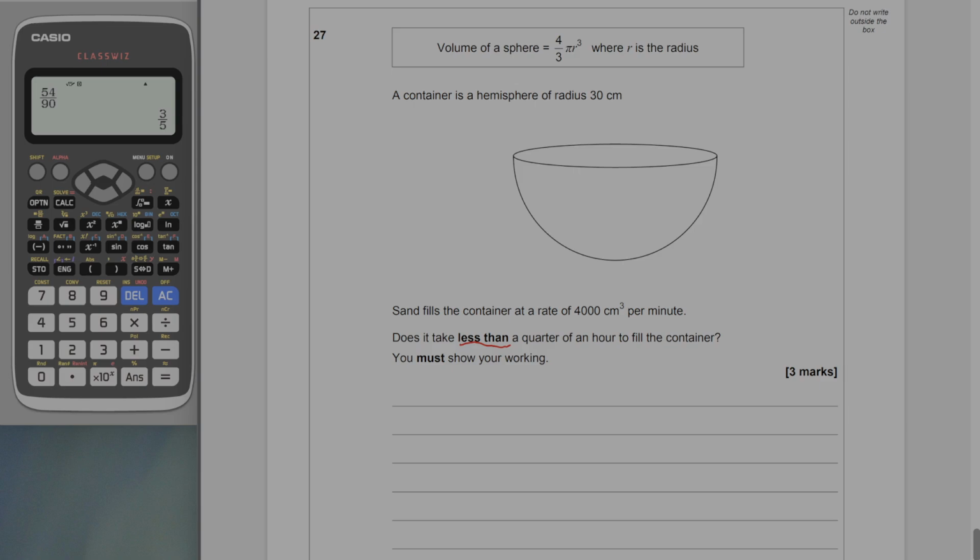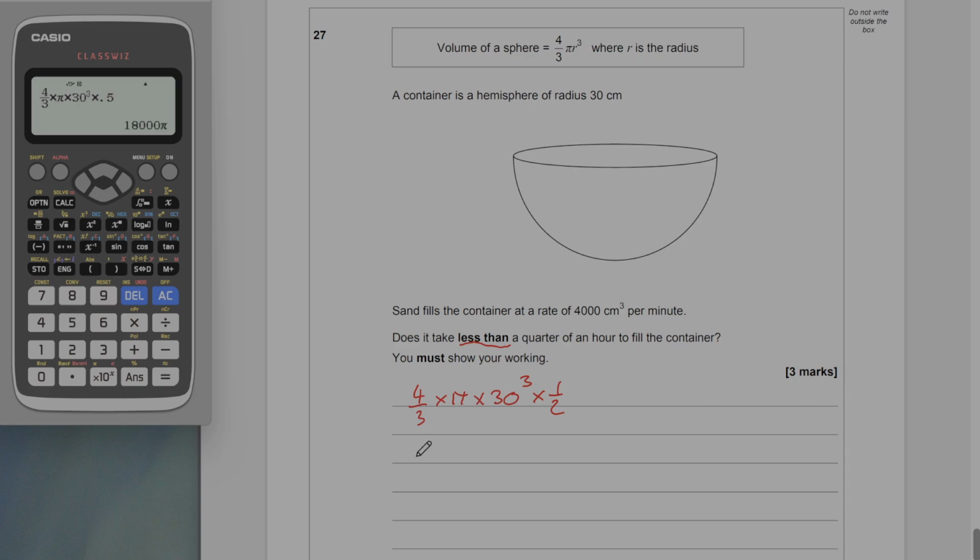Okay, so I'm going to work out the total volume of the hemisphere. So I'm going to do 4/3 times pi times 30 cubed times a half, because we only want half of the total volume. So that's going to be equal to 4/3 times pi times 30 cubed times 0.5.